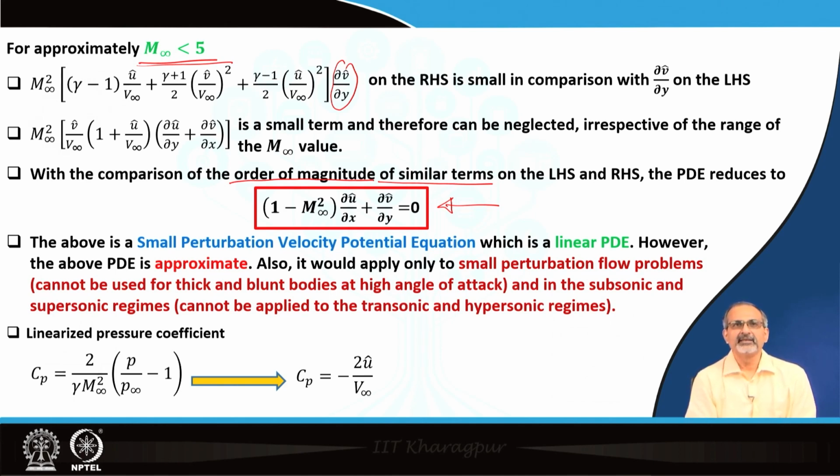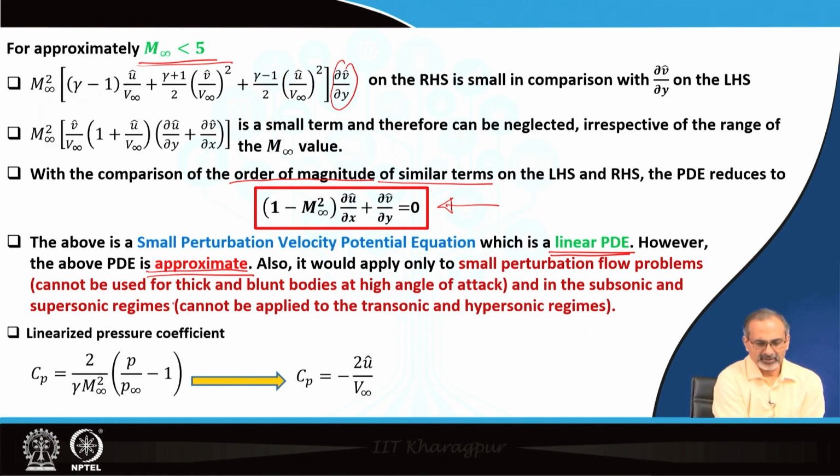and you can see that the small perturbation velocity potential equation is basically a linear partial differential equation. However, it is approximate because we have dropped many terms in the process. Also, it would apply only to small perturbation flow problems.